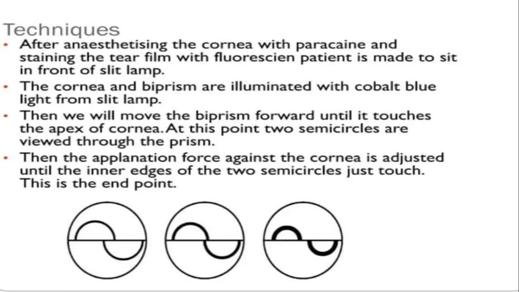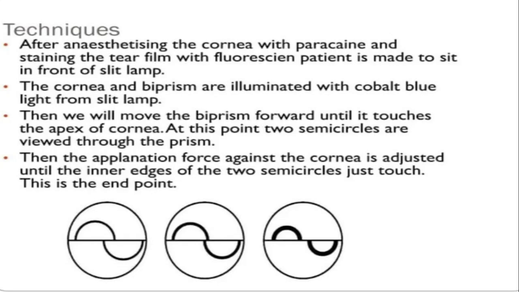The tonometer prism is cleaned and disinfected before use. Number 4. Align the patient's eye with the tonometer and adjust the microscope until the cornea is in focus. Number 5. The tonometer prism is gently placed on the central cornea. Make sure that the patient does not blink during the process.